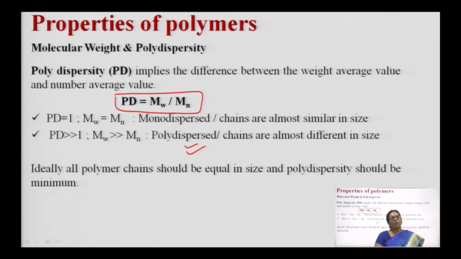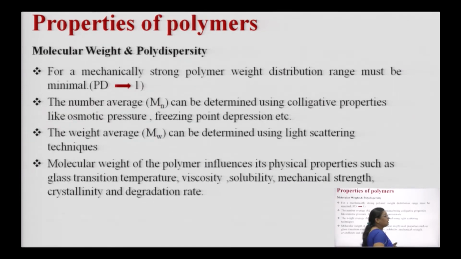Ideally, all polymer chains should be equal in size and polydispersity should be 1, and then that would imply a mechanically strong polymer. So, our aim while making polymers should be to minimize the polydispersity.